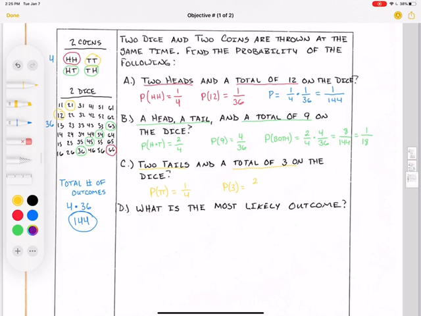So 2 out of 36. My overall probability, or the probability for both things occurring, is going to be 1/4 times 2 over 36, which is going to be 2 over 144, or 1 out of 72.